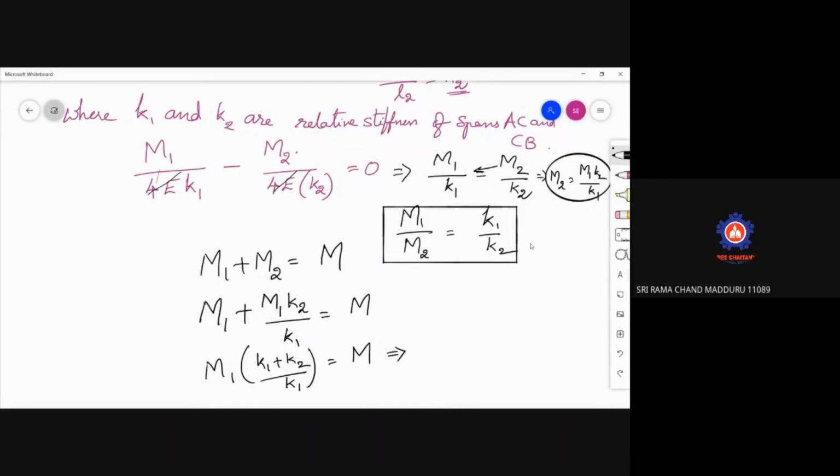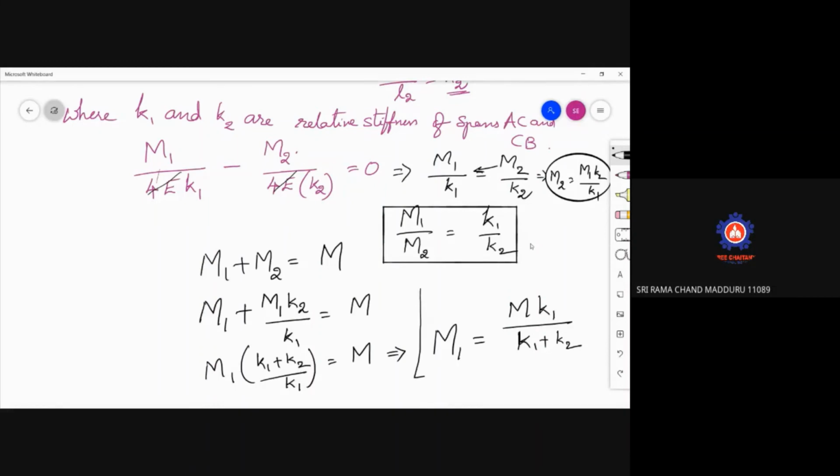So M1 into K1 plus K2 by K1 is equal to M. If you do the simplification, I am taking the LCM, which is K1, so K1 plus K2 by K1. By cross multiplication, M1 is equal to M into K1 by K1 plus K2. So just understand, what does it indicate?